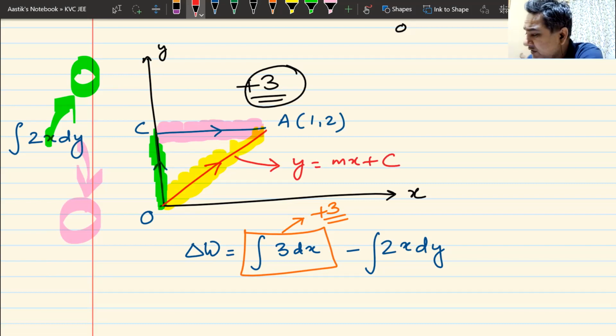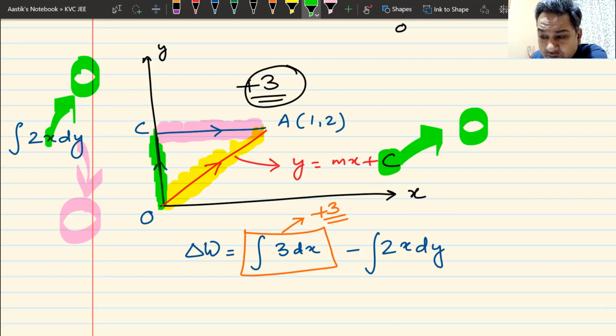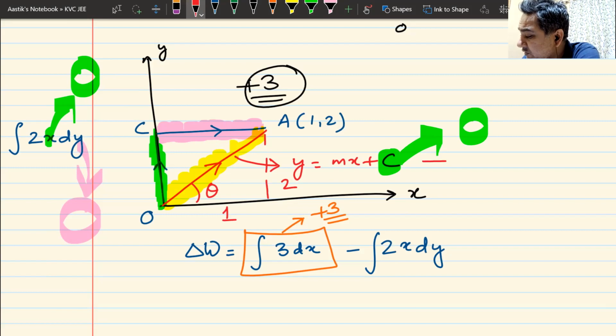It is passing through the origin, so the value of c becomes 0. Y is equal to mx. I have to just find the slope of this line using tan theta. This is 2. This is 1. So the slope is 2. So y is equal to 2x will be the equation of this straight line.